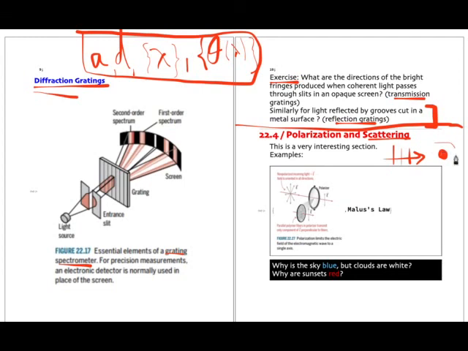Well, the light will come out in all directions, and that's called scattering. Light hits an object, in this case not a piece of metal but a dielectric material, water.